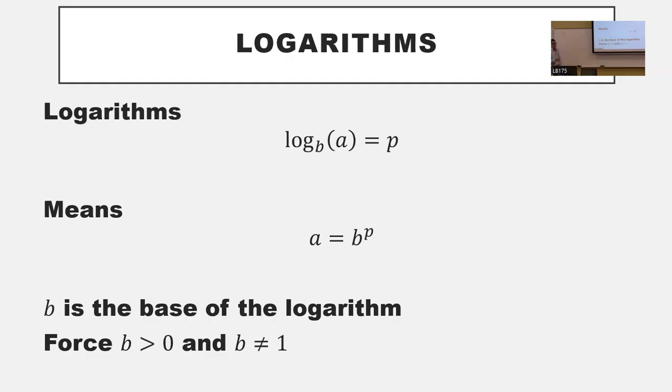That is what we call log base b. All right. We're going to plug in some value of a and get out another value, which we'll call p. If I wrote that in an exponential way, what that means is a is equal to b raised to the p power.